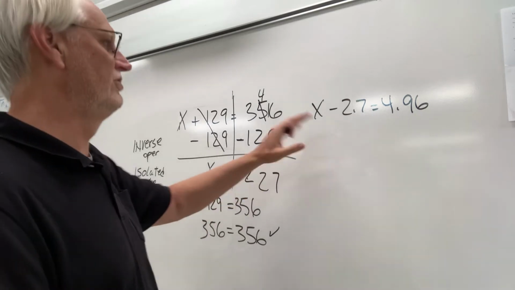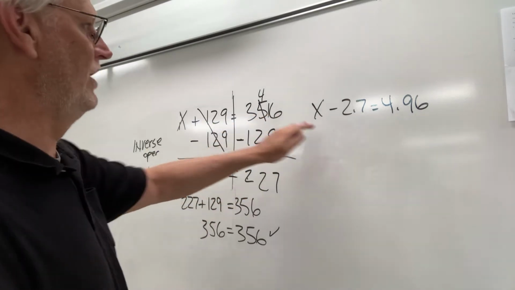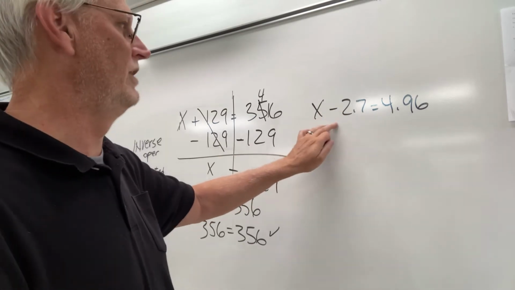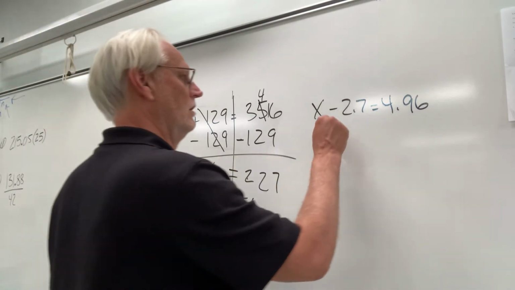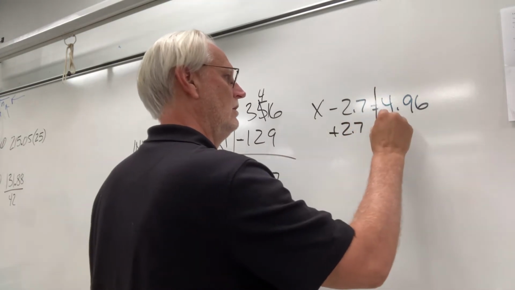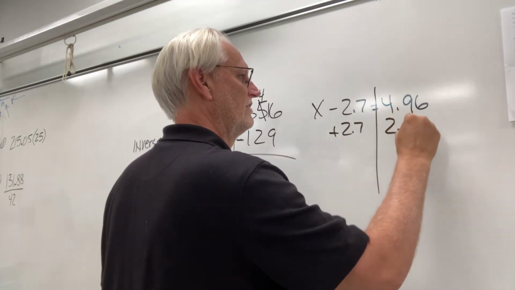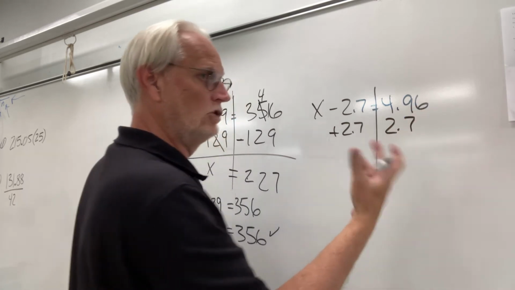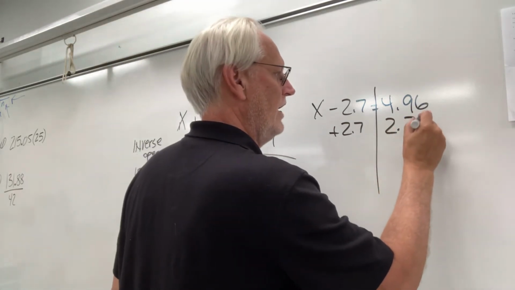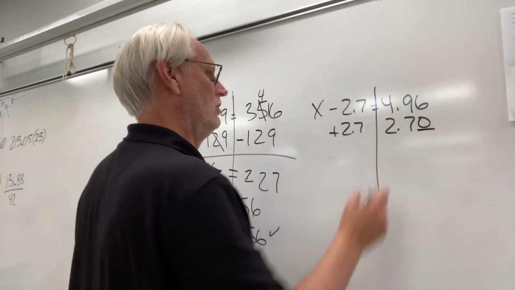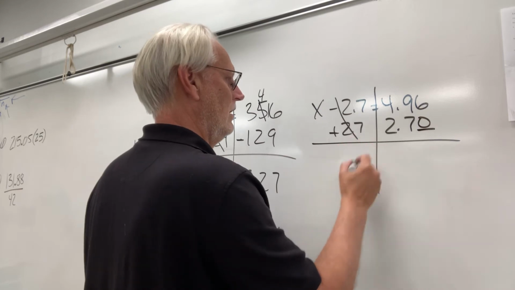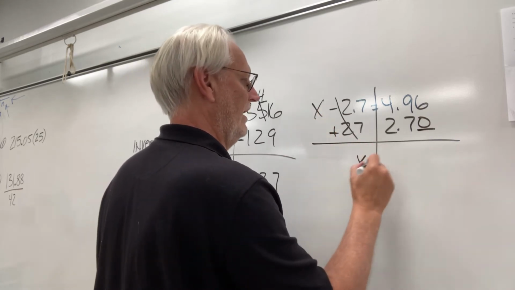So now we're going to do the same thing here. Inverse operation. Well, I'm subtracting 2.7, so I'm going to add 2.7 here. Put my balance line, plus 2.7. Now, we've been taught to underline and fill that up. So now I'm going to do this. This cancels out. I've isolated my variable with x.